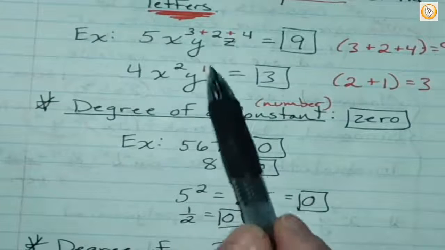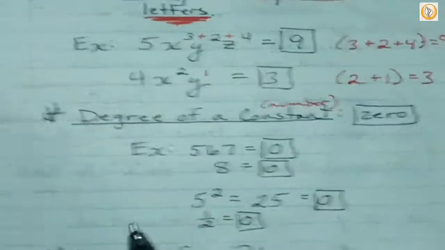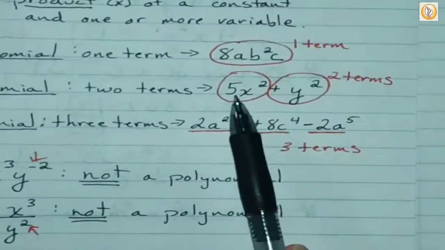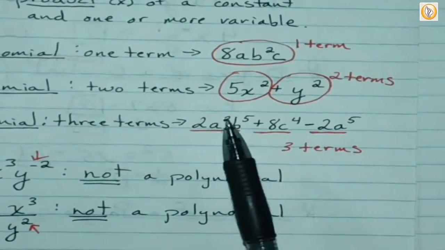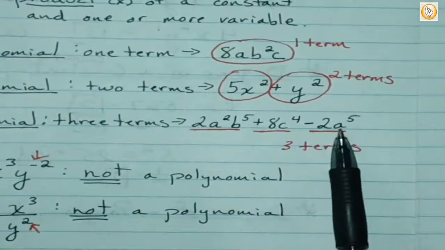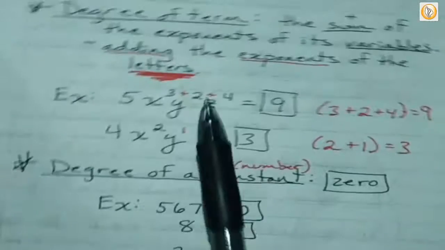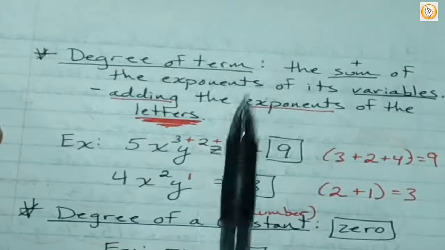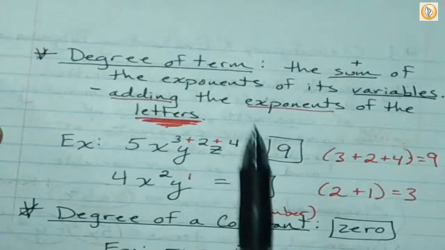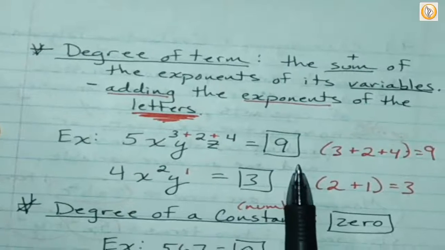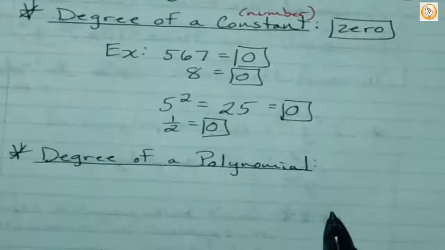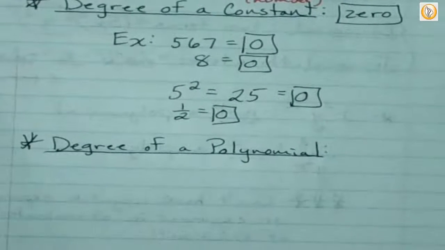But we also talked about how a polynomial can have 2 groups, or 3 groups. These are all polynomials. Up here, we did degree of the term, just one group. For degree of a polynomial, it's for that whole math sentence.